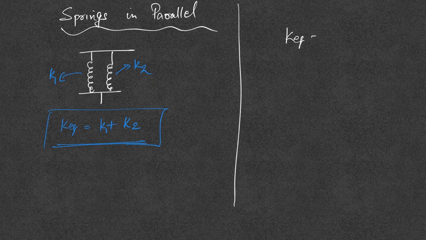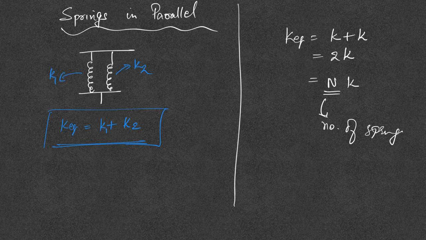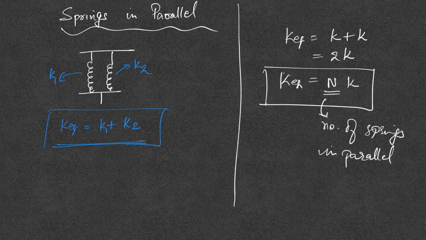If the springs are similar, the K will be constant, so we get K plus K equals 2K, and to generalize this it will be NK, where N is the number of springs in parallel. So if you have identical springs, this is the simple formula which you can use to quickly find the equivalent spring constant of a number of identical springs in parallel.